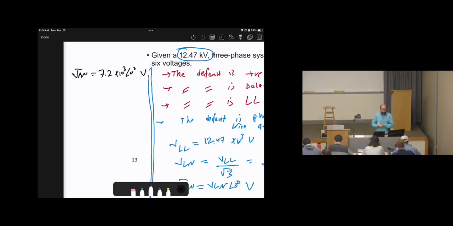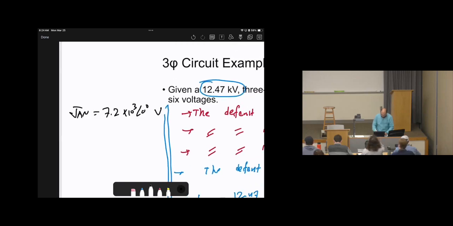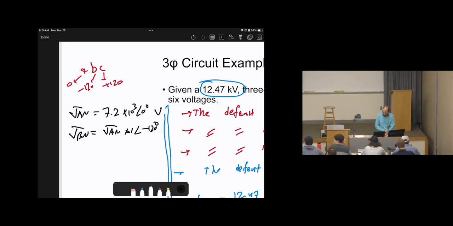So the next thing is how to calculate the other voltages. I just calculated one, VAN. Remember, the default is positive sequence, A, B, C. So A with angle 0, B with negative 120, C with positive 120. How to calculate VBN? VBN equals VAN times 1 angle negative 120 degrees.